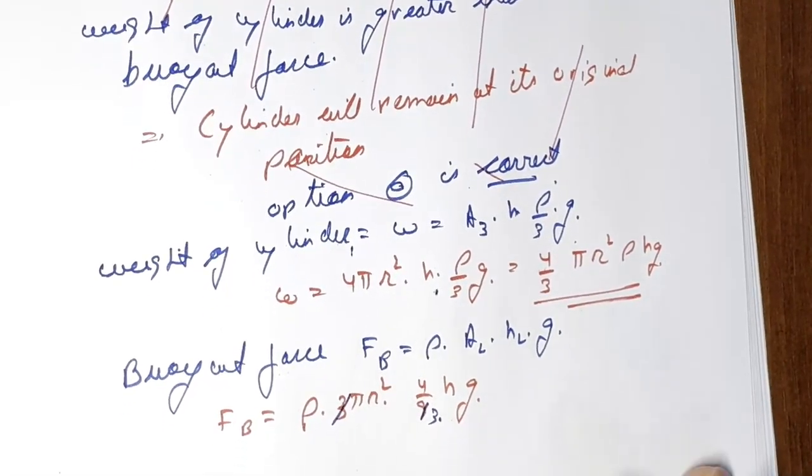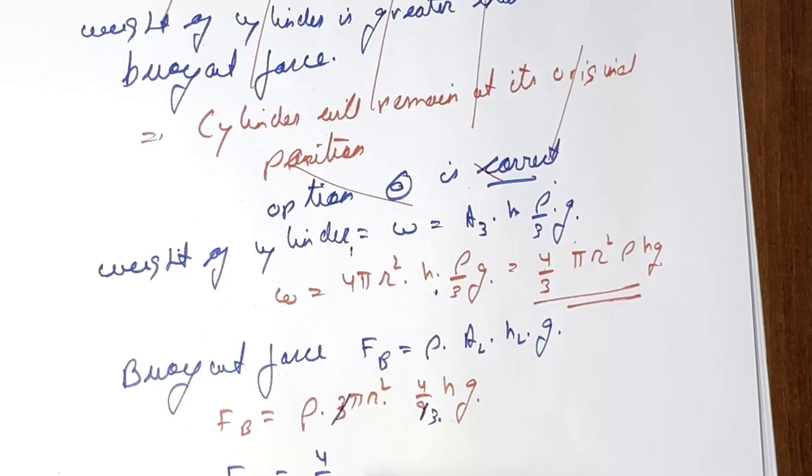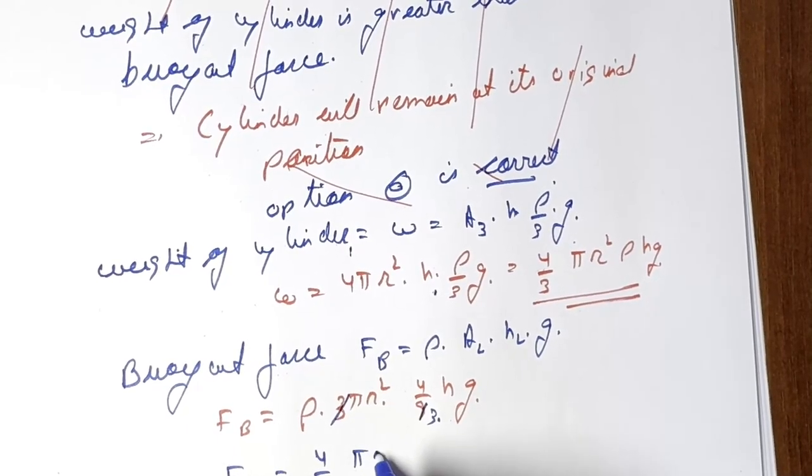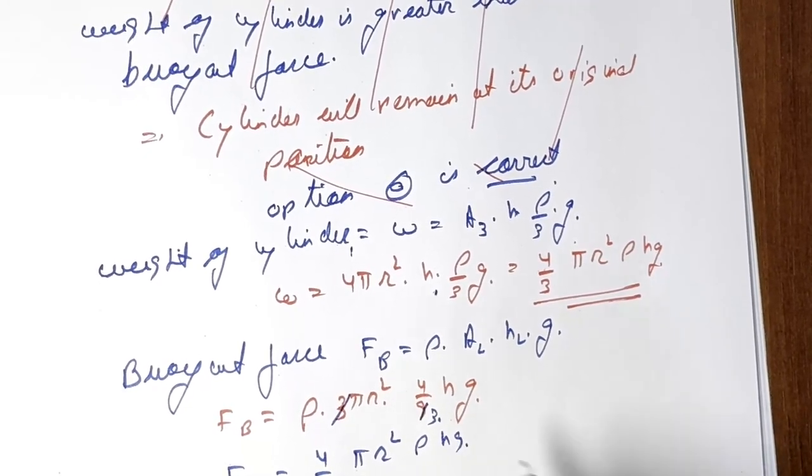So the 3 cancels, and we can write our buoyant force as 4 by 3 pi r square rho Hg.